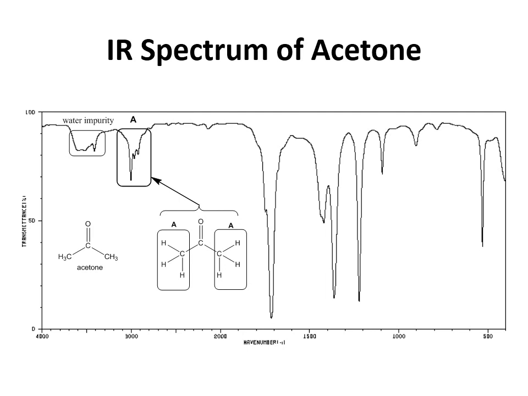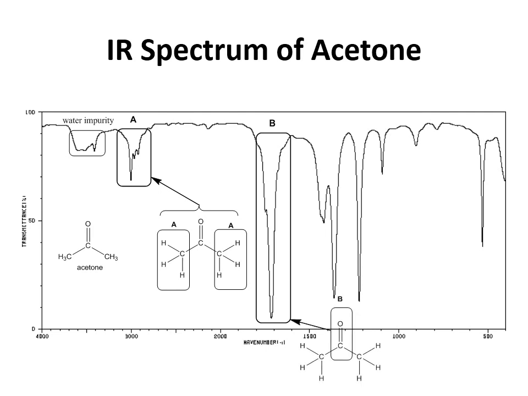That's around 3,000 wave numbers. And in part B, we have a really intense stretch for the C double bond O bond in acetone. These would be considered to be the stretching modes for functional groups in the acetone molecule. The alkane portion in A and the C double bond O or ketone portion in B.